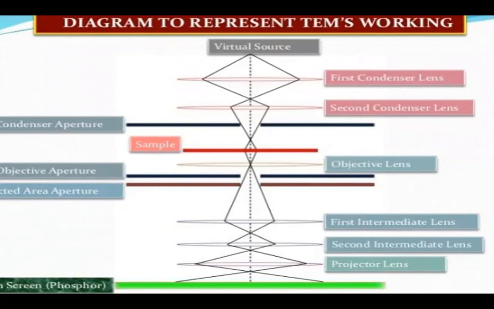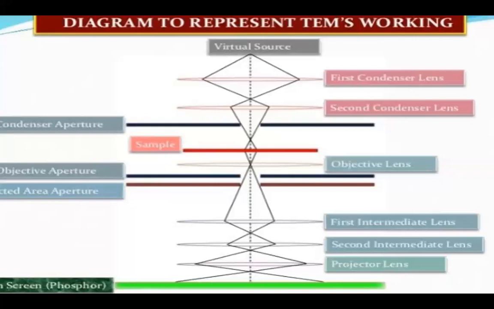On the right-hand side are the condenser aperture, objective aperture and the detected area aperture. At the bottom is a phosphor. And the sample is placed between the second condenser lens and the objective lens.